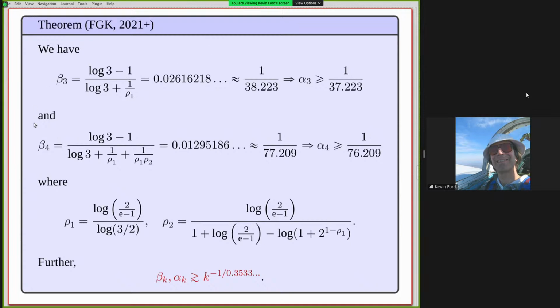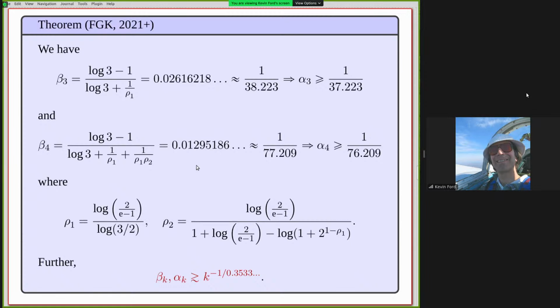We have, in particular, exact values of beta 3 and beta 4, which are given by these expressions. Now there's a rho 1 and rho 2 appearing, which are given by these exact formulas here. Again, the log 3 is not mysterious, but this log 2 over e minus 1, that's a little harder to explain where that comes from.